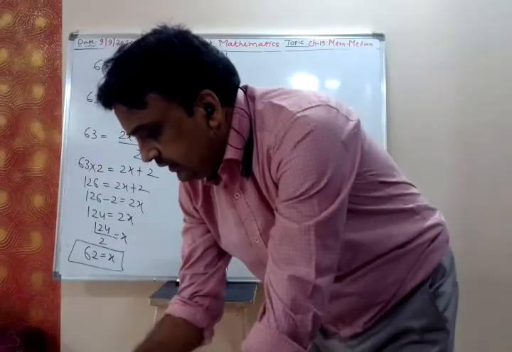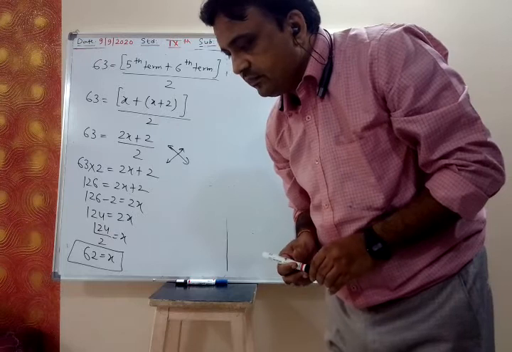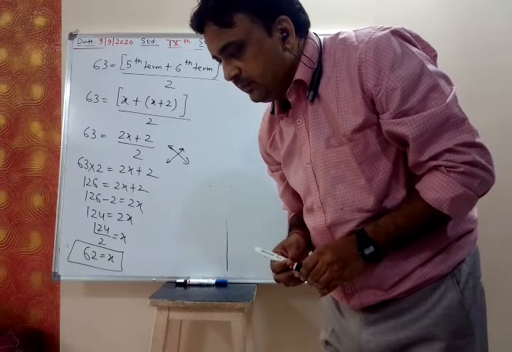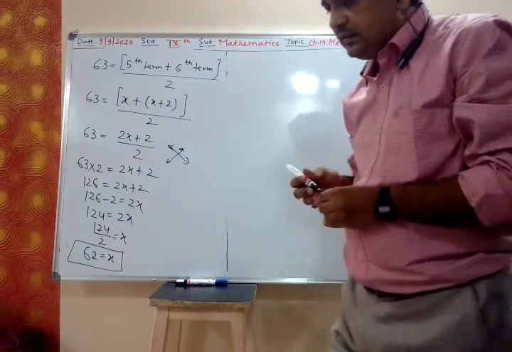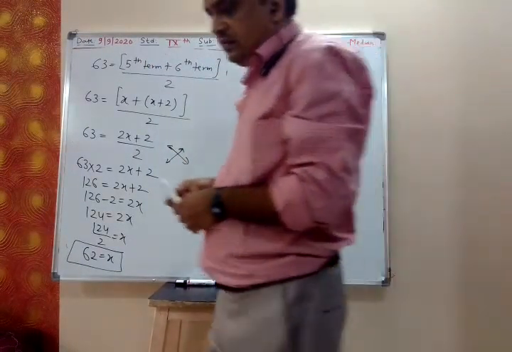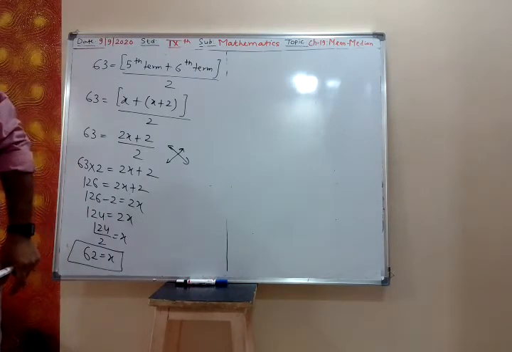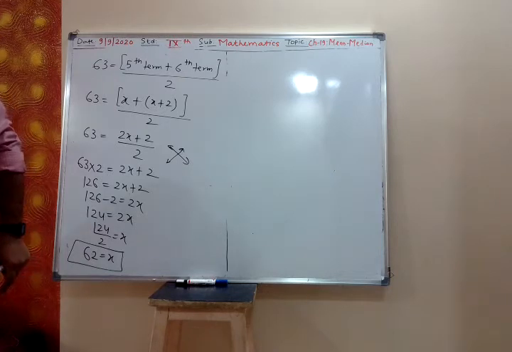Now fifth one, the median of observation. Now arrange it, they have already given in the ascending order. Are you getting this?